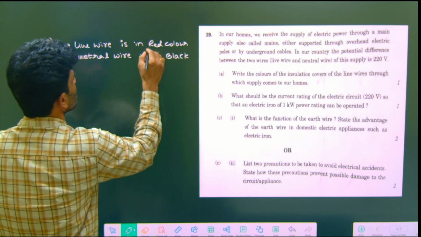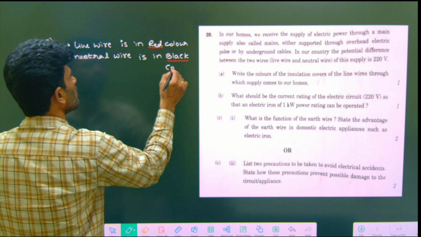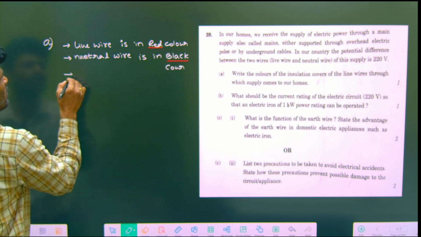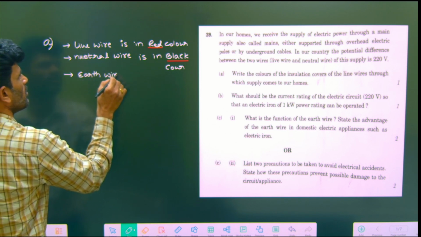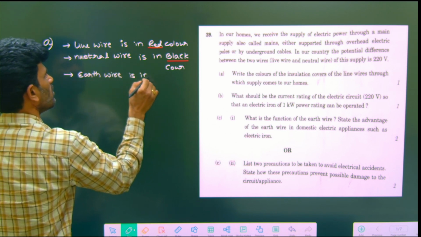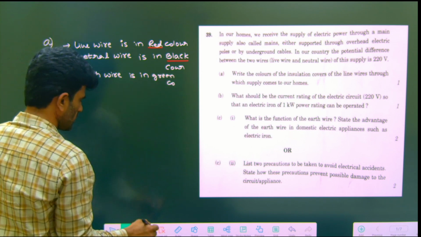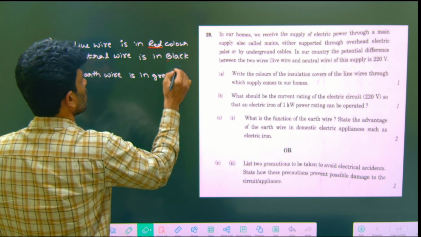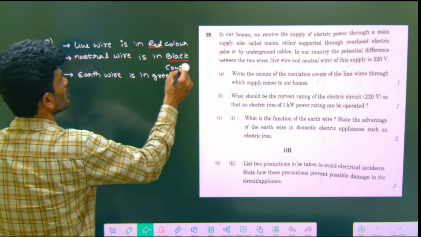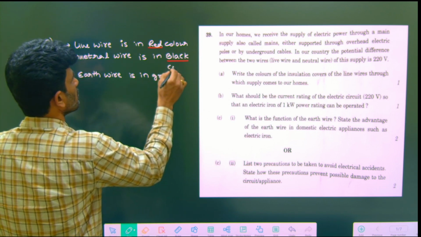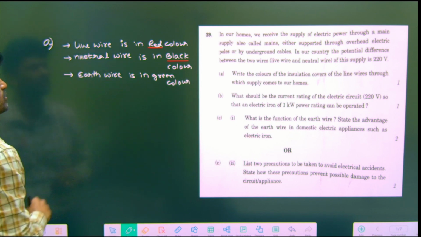Okay, live wire in red color, neutral wire in black color. And one more, earth wire. This will be in green color. Just you have to mention what the colors are. Okay, this is A.